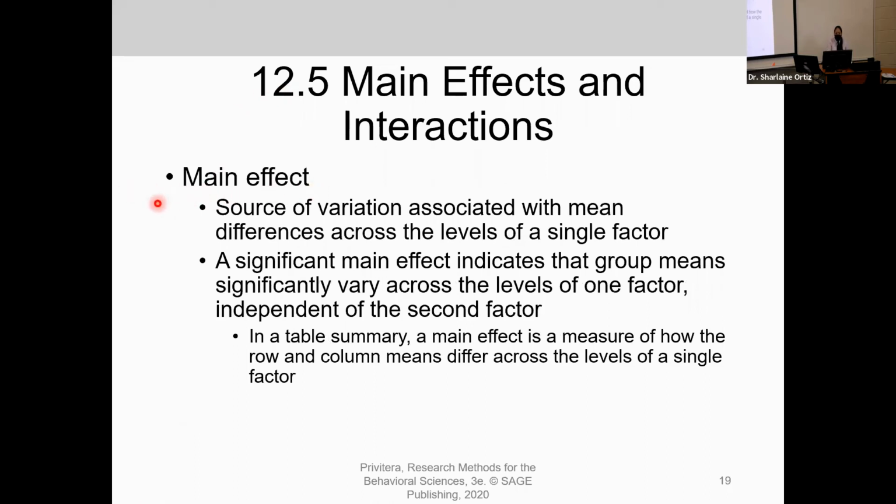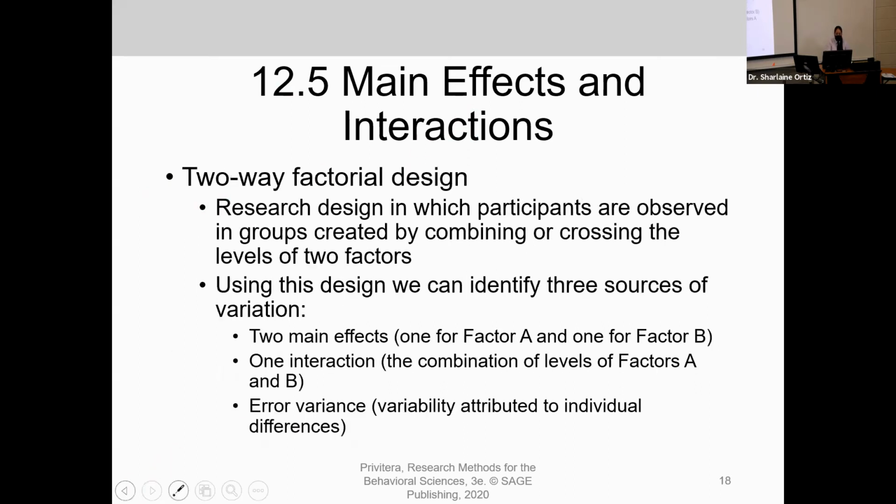What is the main effect when we are thinking about a factorial design? Notice that that main effect is exactly what we're here for when it comes to a factorial design. You wanted to see whether or not the two main effects, the first factor, factor A, and the second factor, factor B, are indeed sources of variation.